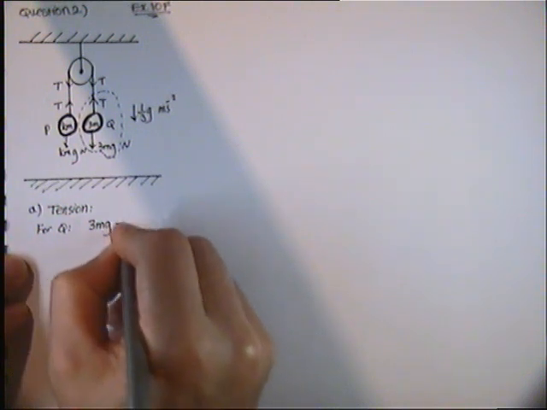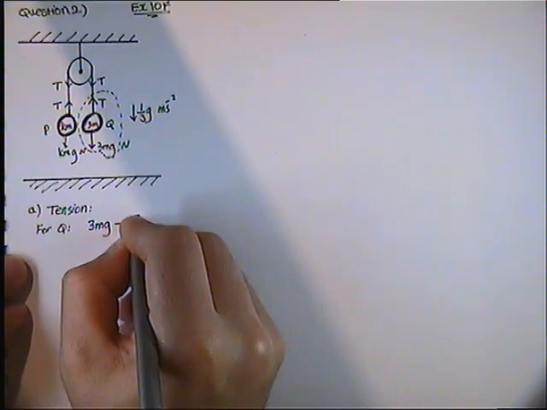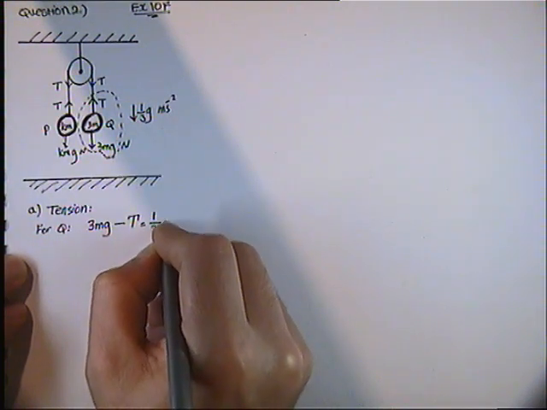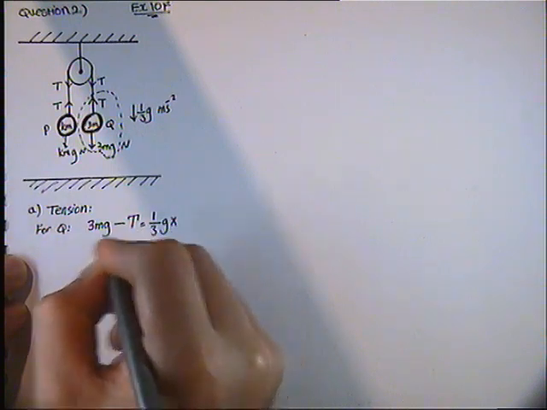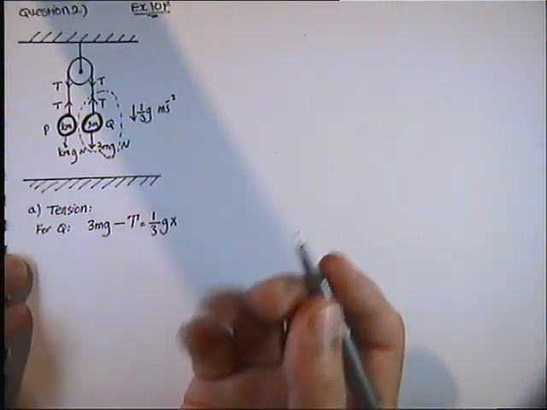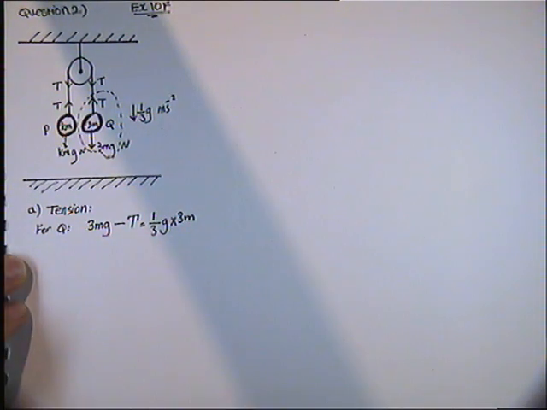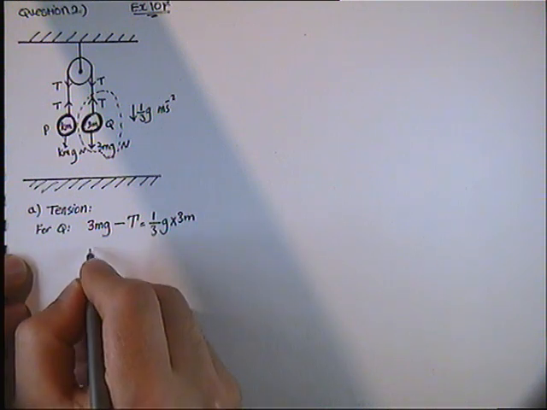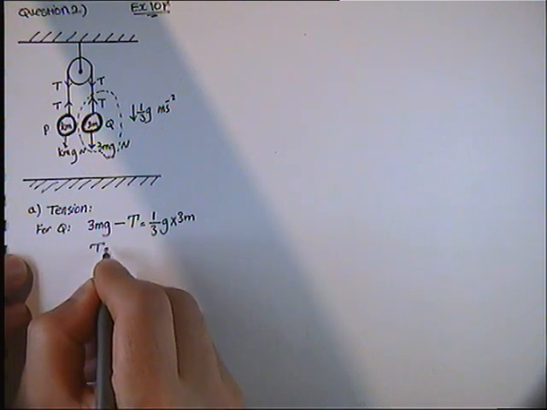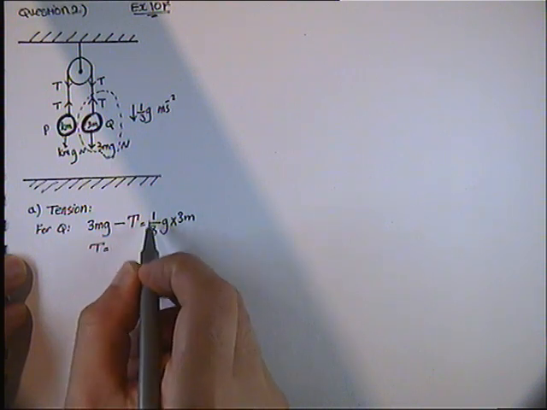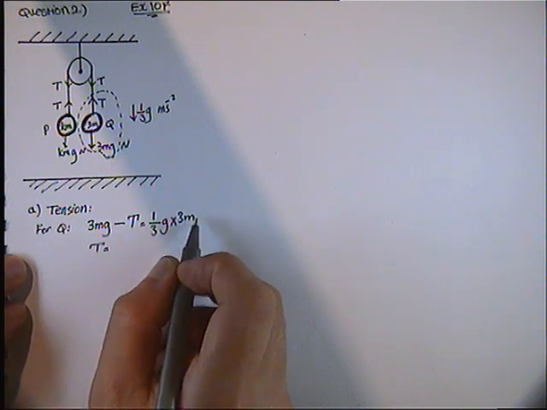It would be 3mg minus T is equal to mass times acceleration, which is 1/3 of g times 3m. So take T to the other side and simplify this, you should get T equals 3mg minus 1/3 of g times 3m.